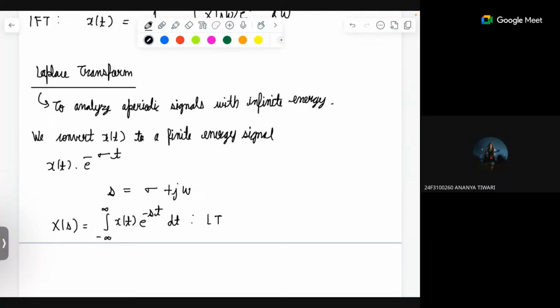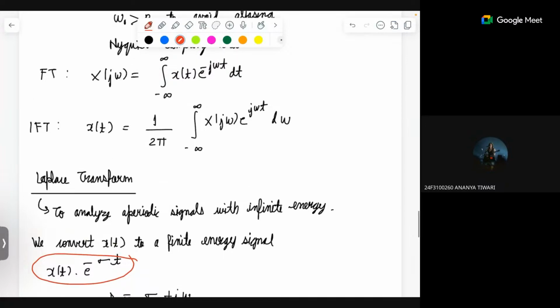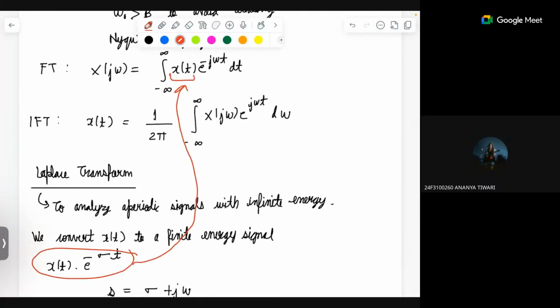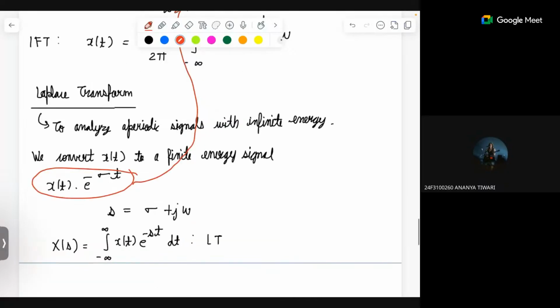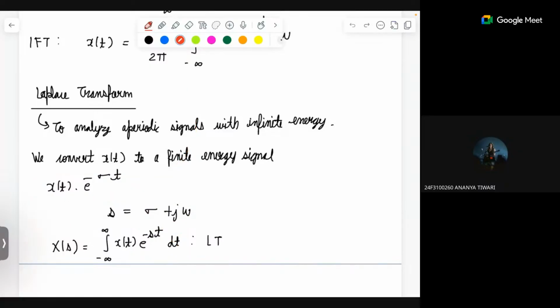And how do we get it from the Fourier transform? Basically, Laplace transform is the Fourier transform of this signal. If you substitute this instead of x(t) over here, you will get this, replacing sigma plus j omega by s. It is explained properly in the professor's lectures also.